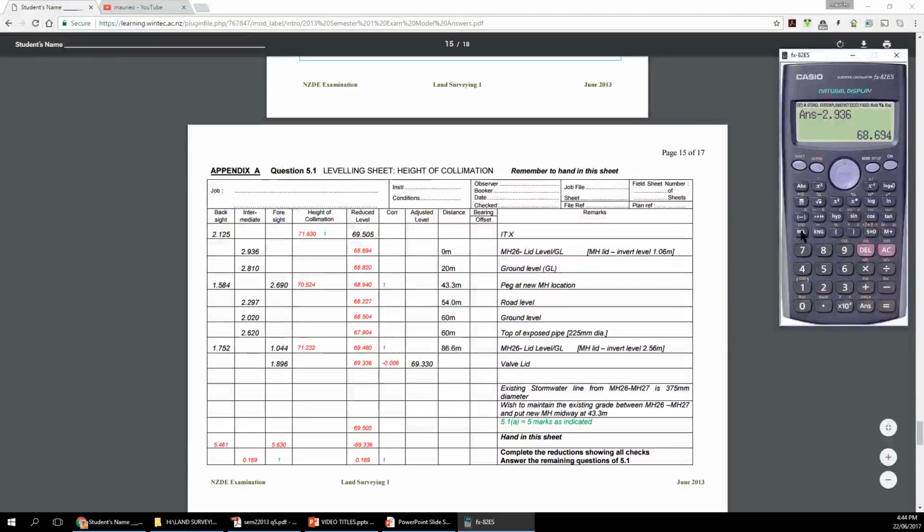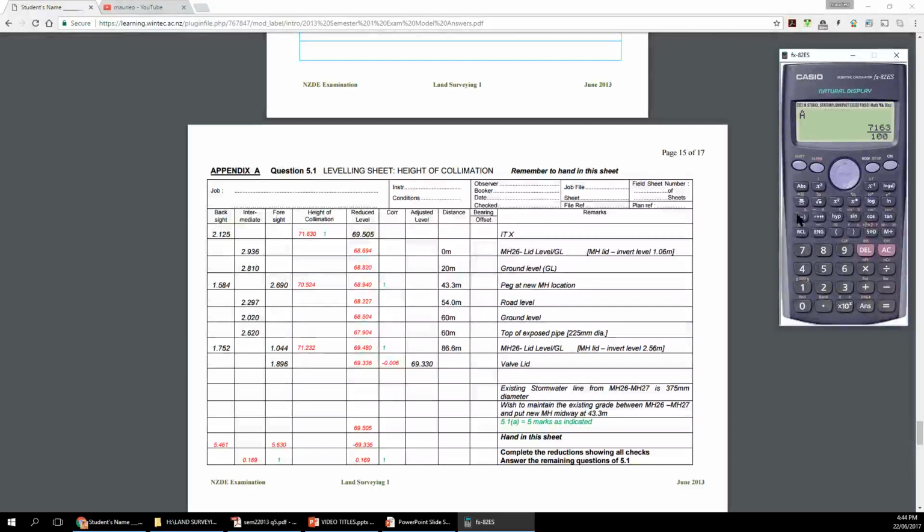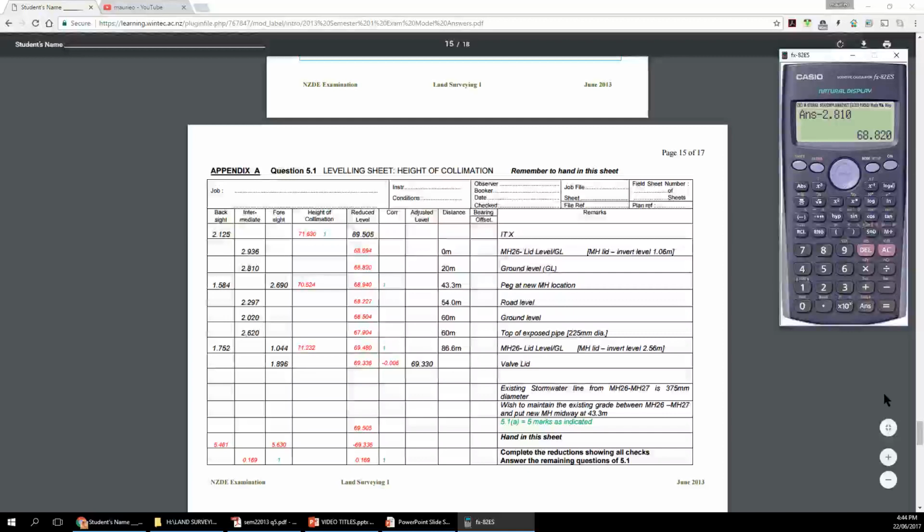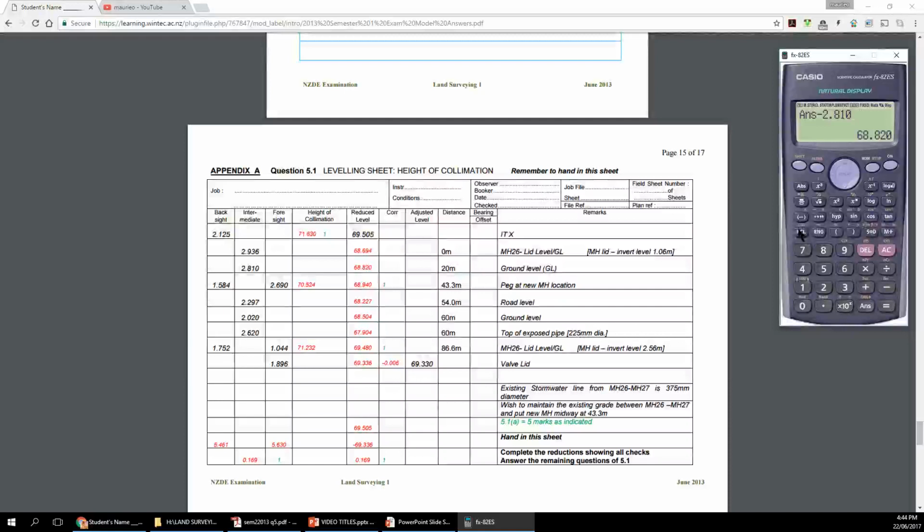So we just go recall A minus 2.810 equals, and that's 68.820.